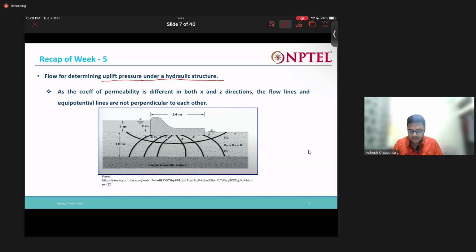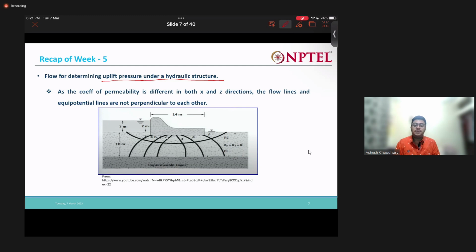When we have a hydraulic structure, say an earth dam, or any other dam, maybe a concrete dam, due to the flow of water through the soil beneath the river bed, there is an uplift force due to the seepage of water. This uplift force acts at the base of the structure.